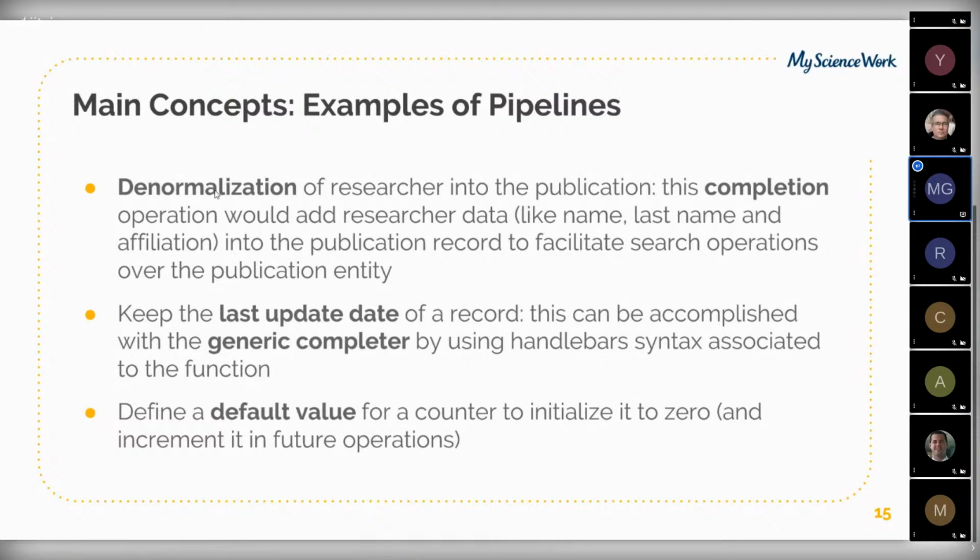Other examples of pipelines we can use is, for example, the last update. We can have a standard function that updates a date in the record every time it is changed, so we have a trace of how that was done. Or we can define a default value, for example, a counter set to 0 and then count how many times something is updated.